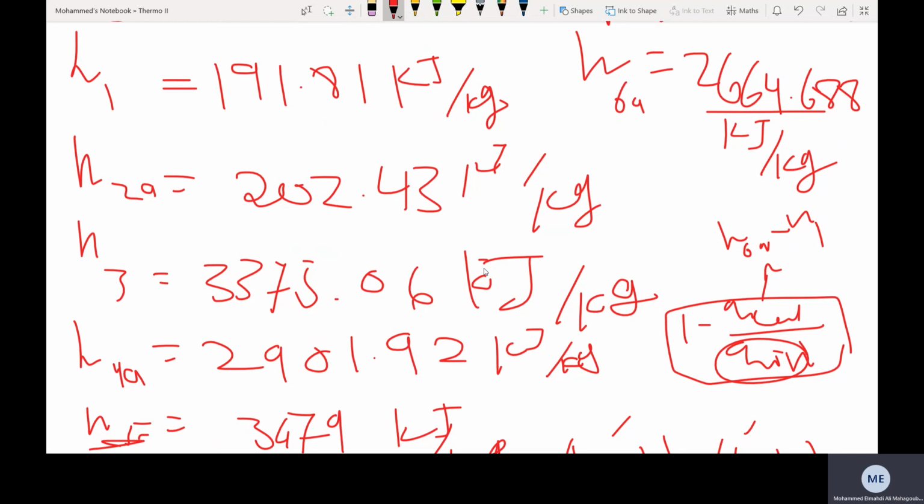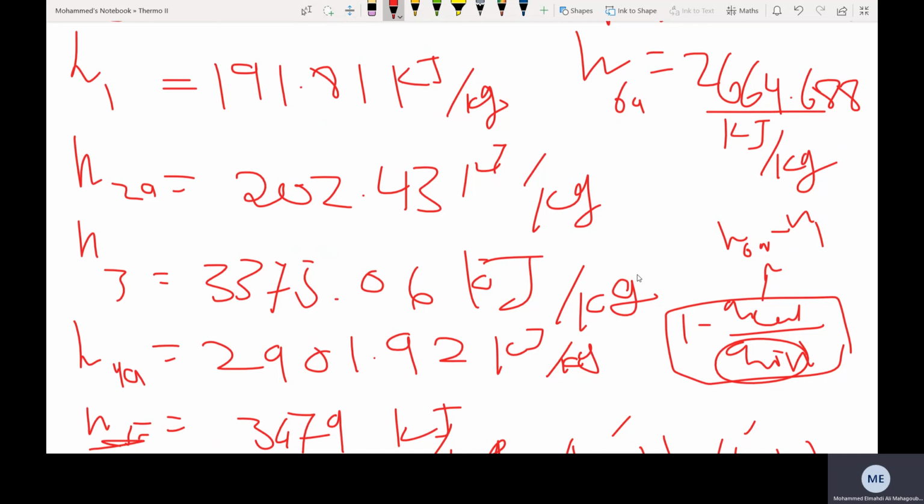The last step is minus, of course, the pump work, 202.43 minus 191.81. Sometimes you can eliminate the pump work because it is very small compared to those works, but don't do it always. I can do it now without the pump work and show you the value of the error.